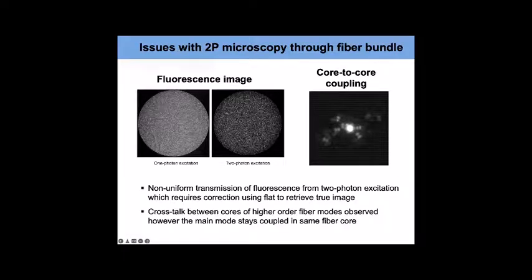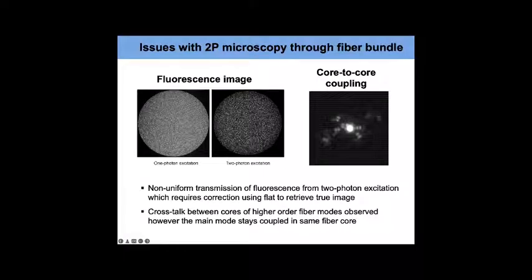So what are some of the issues with trying to do two-photon microscopy through fiber bundles? These types of coherent fiber bundles are nominally used in one-photon endoscopy applications. And so you get nice uniform transmission of fluorescence if you have one-photon excitation. But if you have two-photon excitation, this is what you'll see.